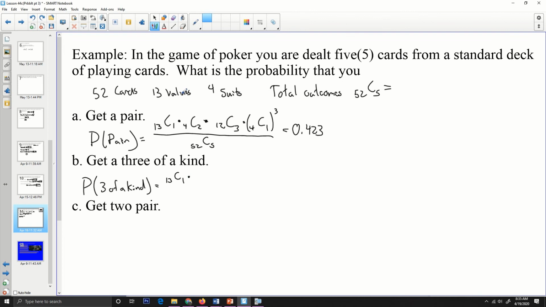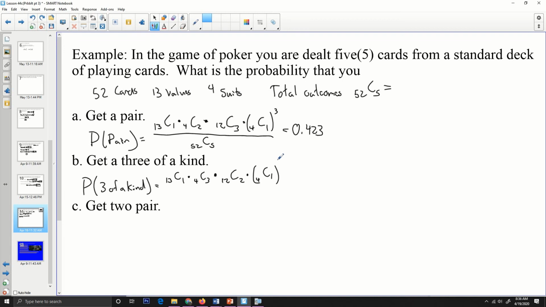There are 4 suits that have that value. So of that 4, we're going to choose 3 of those. There will be 12 different values left, of which we are going to choose 2. And then of those 2 values, there are 4 for each of those, of which we are going to choose 1.